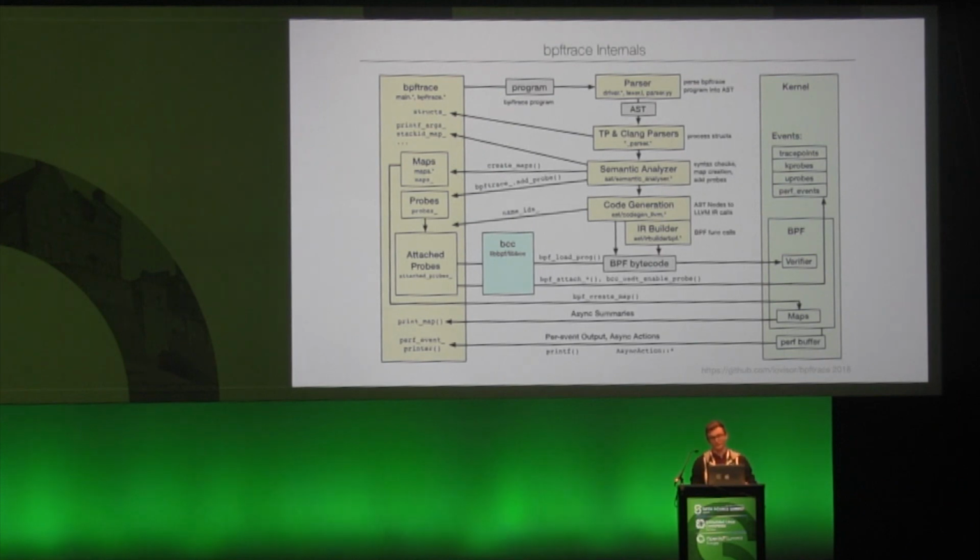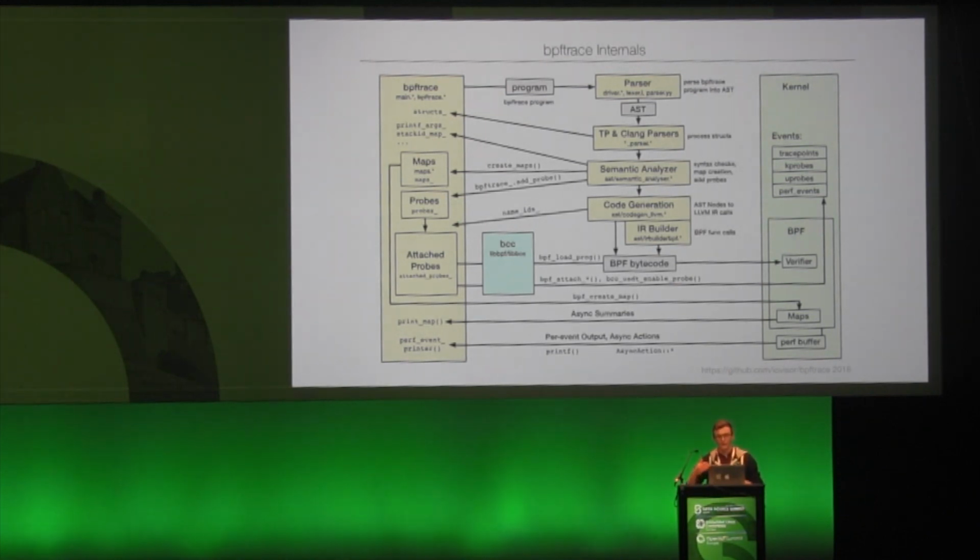We use Flex and Bison for this to generate an abstract syntax tree. We also use a little bit of libclang to help us understand C header files and structs. Next is a semantic analysis stage, which is just there to make sure your program makes sense and you're not making stupid mistakes like the wrong number of arguments to a function call, or trying to compare an integer to a string, anything like that.